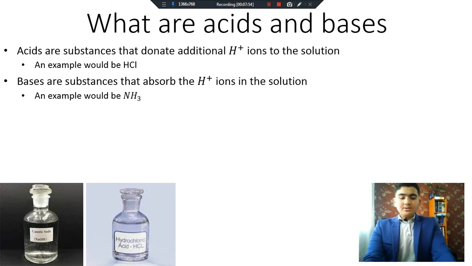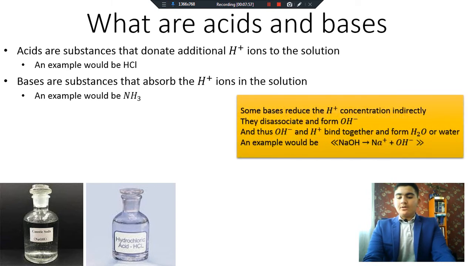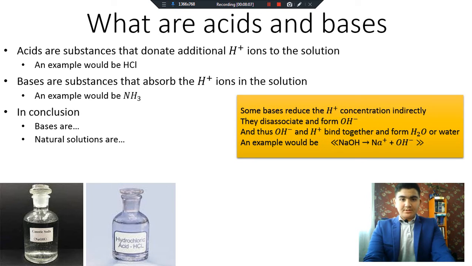Solutions that have a higher concentration of OH minus than H plus ions are called basic solutions, or bases. Solutions in which the H plus and OH minus concentrations are the same are said to be neutral. For example, water is one of these, as we said, with H plus and OH minus concentrations equal.